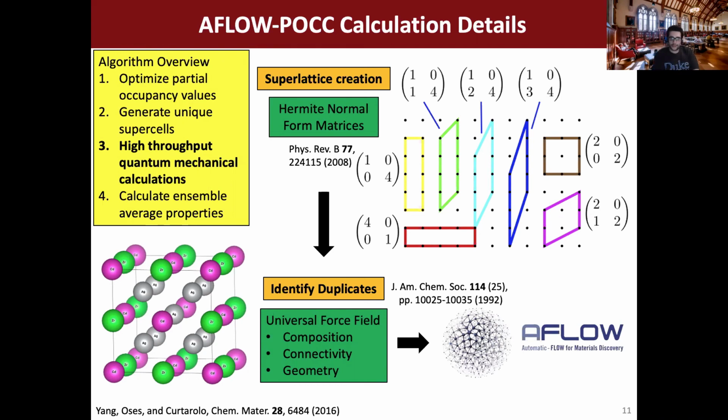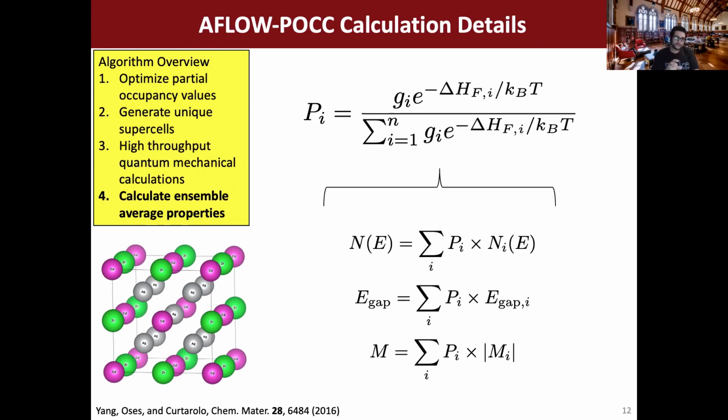We can get the properties of each individual structure. Once we have these properties, we associate a weight with each of the representative superstructures, and then we can calculate ensemble average properties.